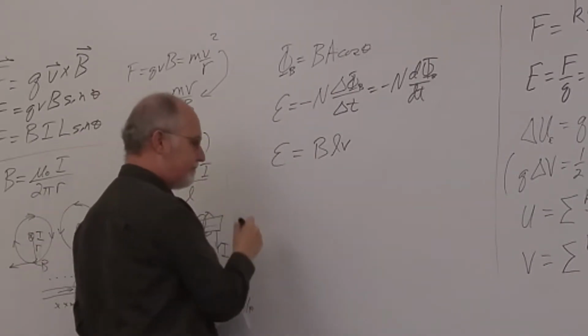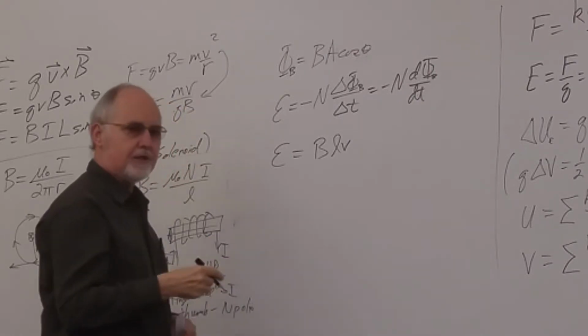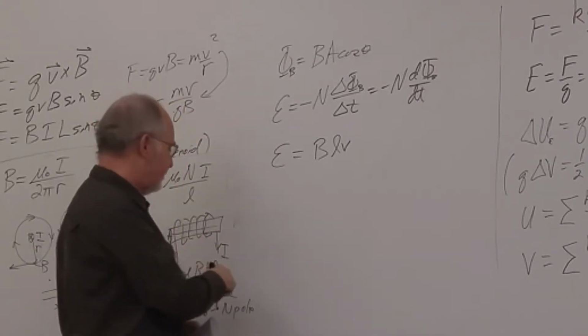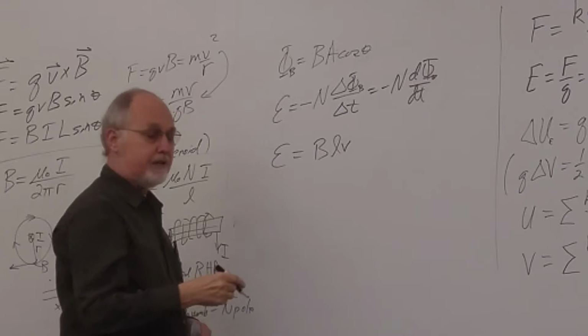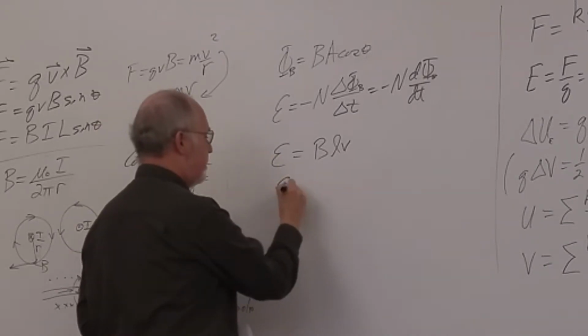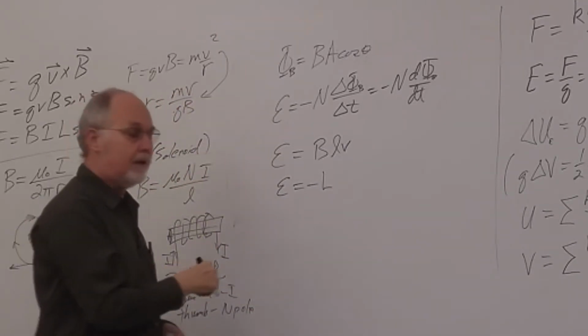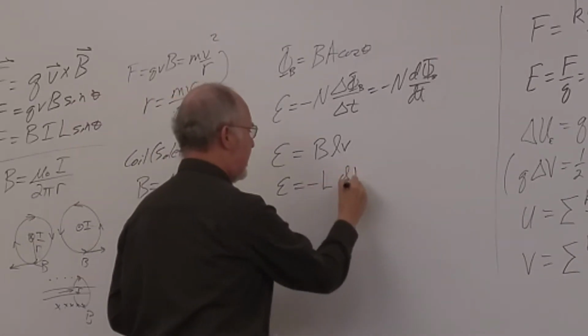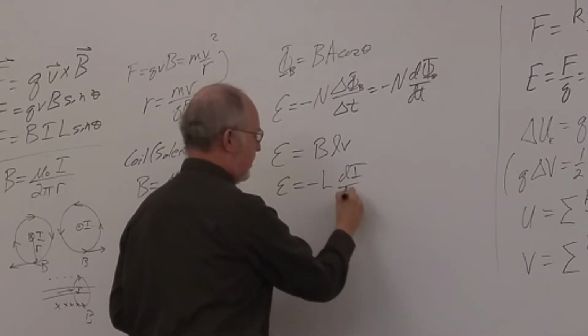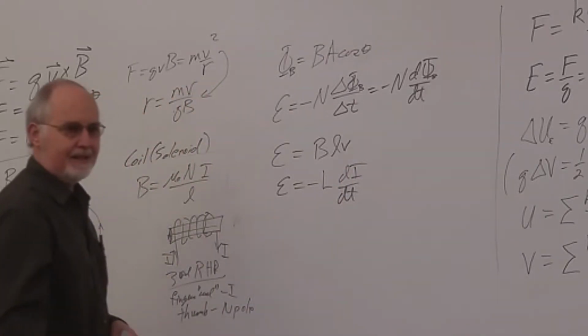If you've got changing current in a coil, or just changing current anyway, induced voltage would be minus the inductance L, for a coil, times the change in the current with respect to time, dI/dt.